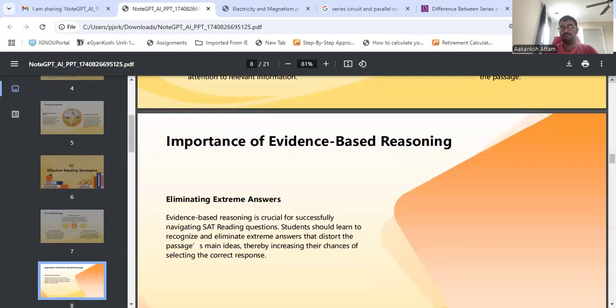Evidence-based reasoning is crucial for successfully navigating SAT reading questions. We need to eliminate extreme answers, which completely change the meaning of the passage. So that's the reason it's important to conduct evidence-based reasoning, so that you can eliminate extreme answers.